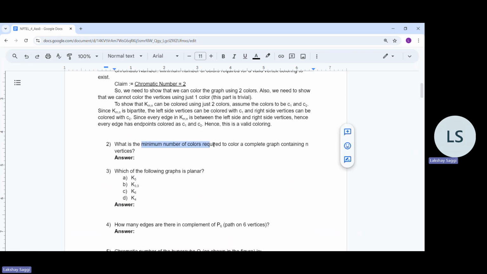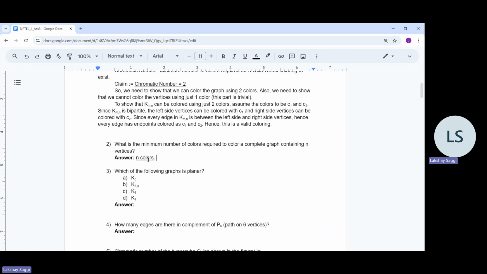Now we need to find the minimum number of colors required to color it, and we'll claim that the answer is n colors.